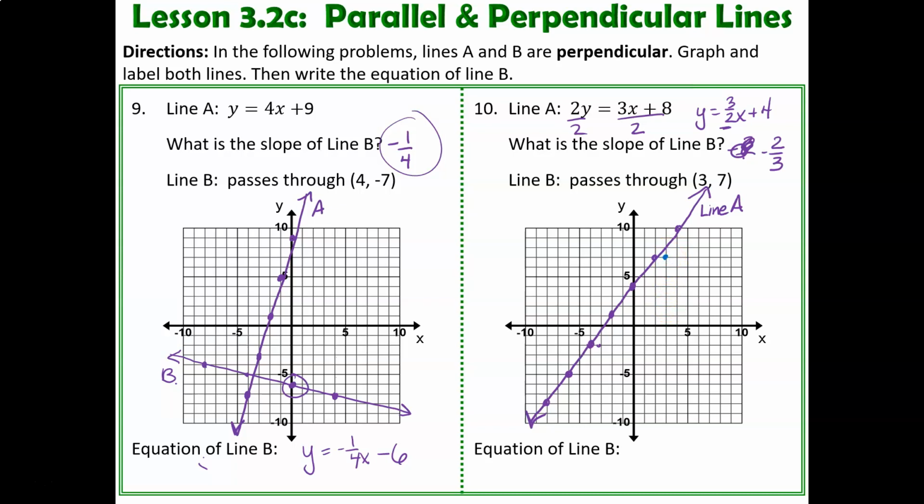And we know the slope is negative 2/3. So 1, 2. We're lucky enough to get that y-intercept there. It's right here at 9. So y equals negative 2/3 x plus 9. All right. I'm going to stop this here and continue on the next part.